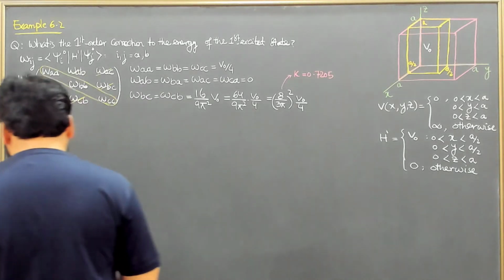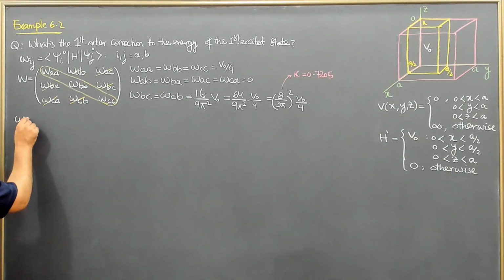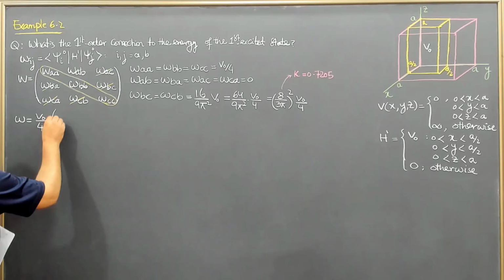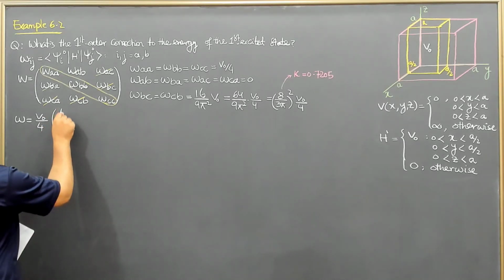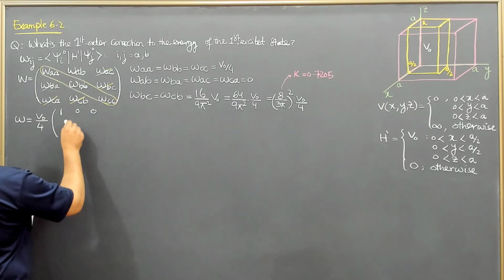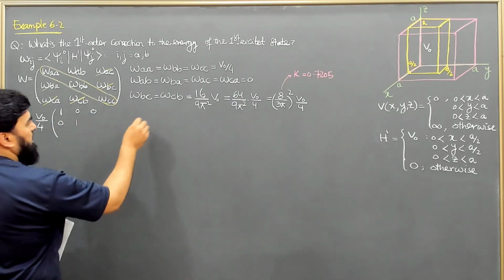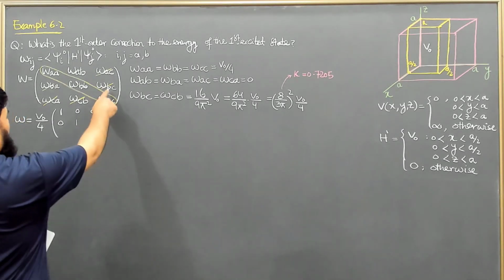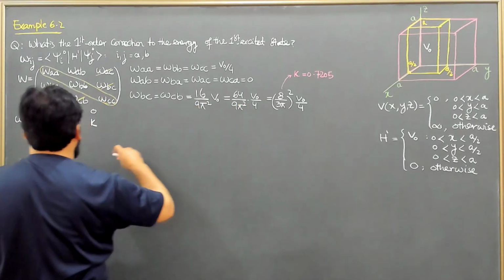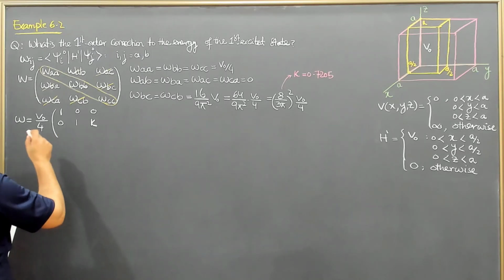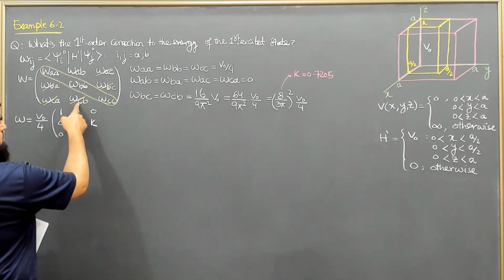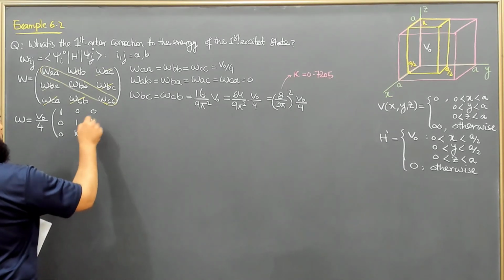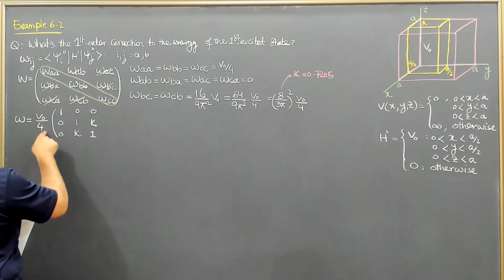So I will have to write the matrix now. The W matrix is equal to V naught over 4 taken as common, and then 1 0 0 here, 0 1 and kappa here, because I have WDC value, and then 0, and WCB is again this kappa and 1 here, because WCC is V naught over 4.